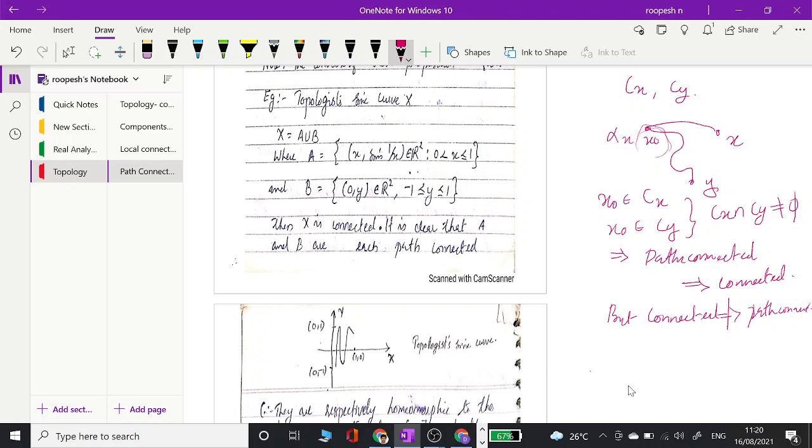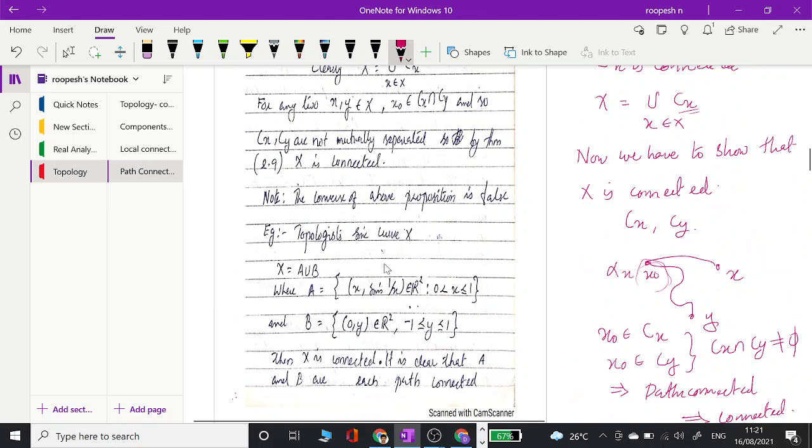The example was the comb space. This we have seen. But here what we are going to do is we will prove that connectedness does not imply path connectedness. The reverse is true: path connectedness implies connectedness, right?